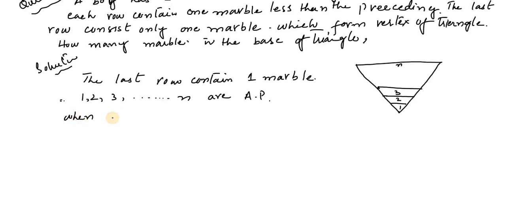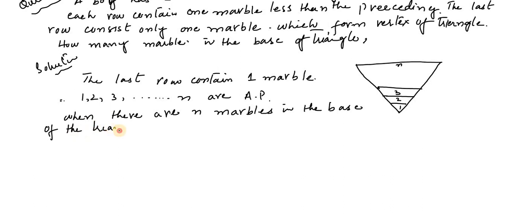When there are n marbles in the base of the triangle, the sum of marbles is given as 231.